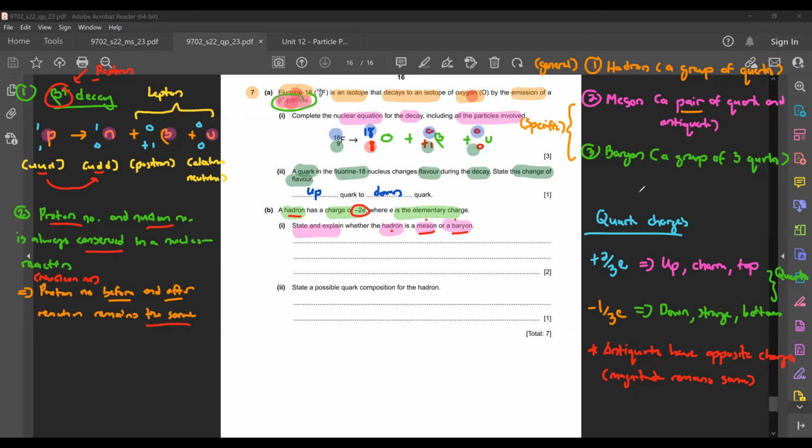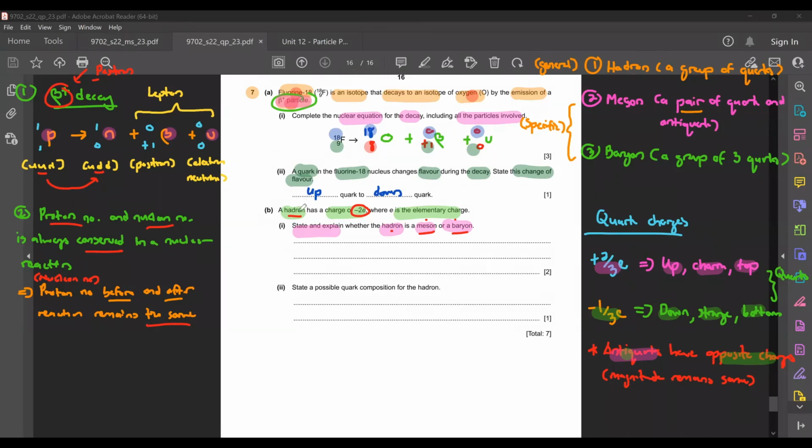So if we have up, charm, and top quarks carrying a charge of +2/3e, their antiquark equivalents will be -2/3e. And then similarly, if we are talking about down, strange, and bottom quarks having a charge of -1/3e, their antiquark equivalents would have +1/3e. Okay, so we actually have 4 different possible charges to consider here.